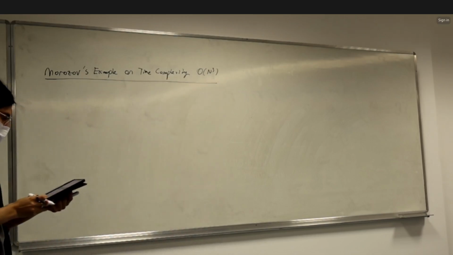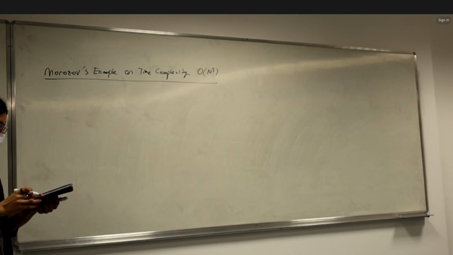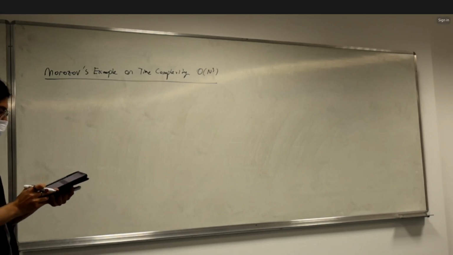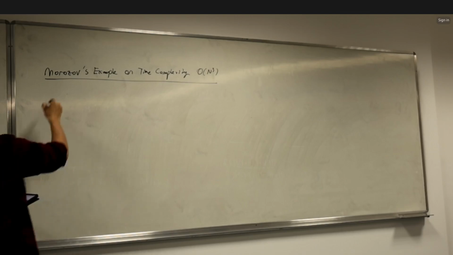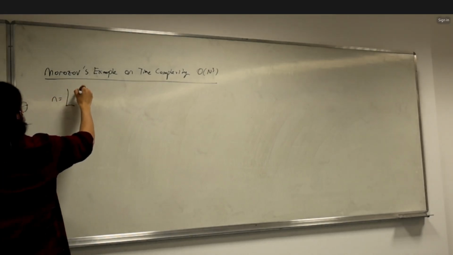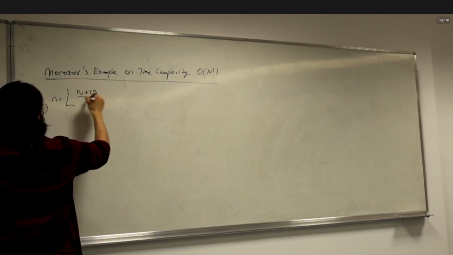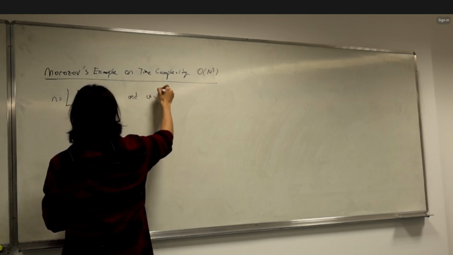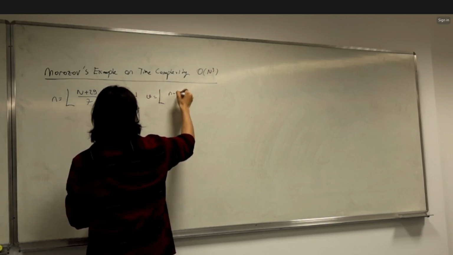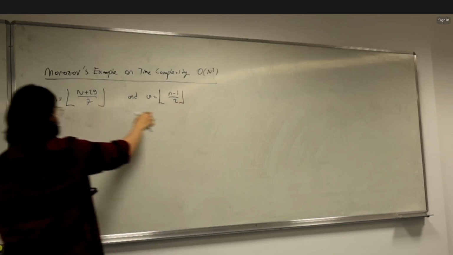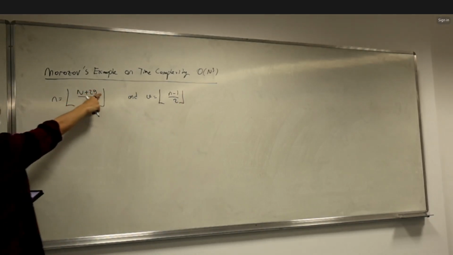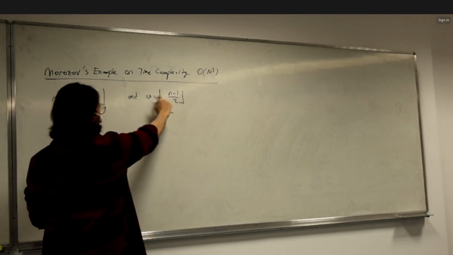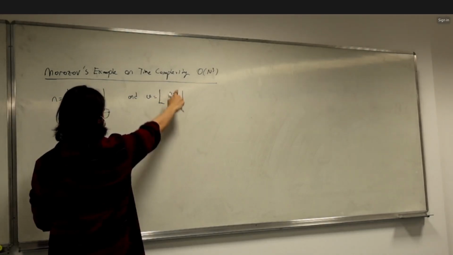First, he starts by saying this sentence: we describe the space as well as the ordering of the simplices. Let n be given, and so it is the floor function of capital N plus 29 over 7, and V is the floor function of n minus 1 over 2.